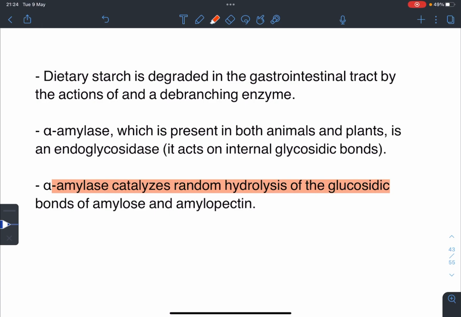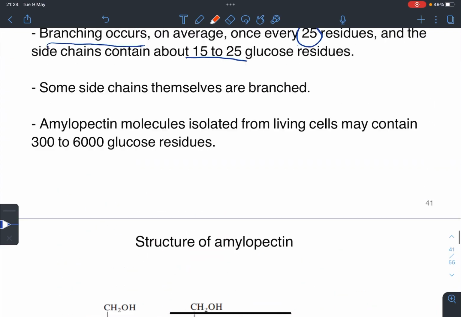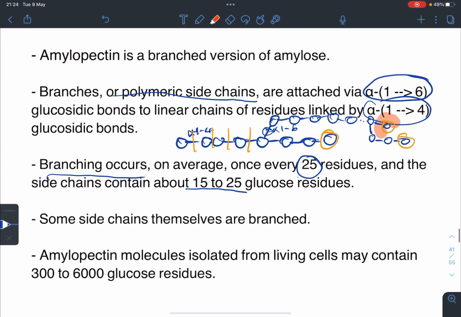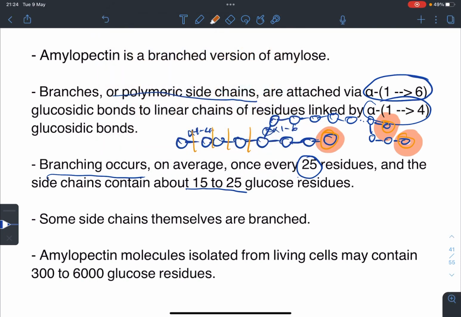So just know that beta goes to the terminal ends. You know I talked to you about terminal ends. These are the terminal ends. These are the terminal ends here. But alpha doesn't go to the terminal. Alpha just picks anything in between and basically cuts the structure into smaller units that allow the process to happen all over again.